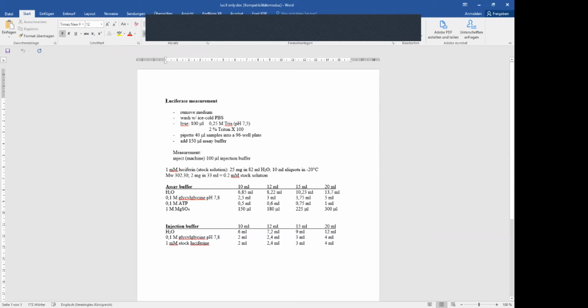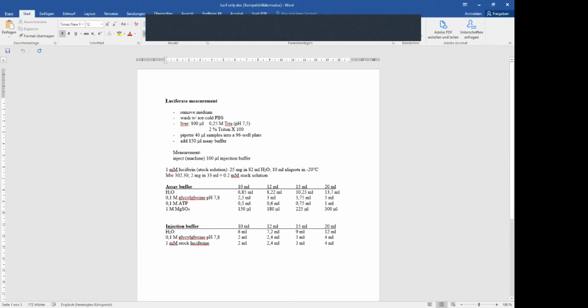Assay buffer is prepared with your samples, and injection buffer you add to each measurement one by one, because this contains the substrate luciferin. So what we are measuring is the activity of the enzyme luciferase using substrate luciferin, and then the emitted light will be measured.